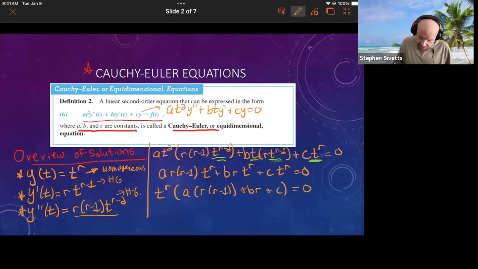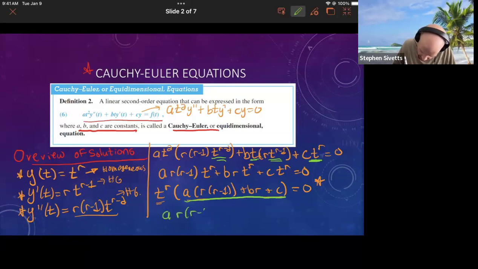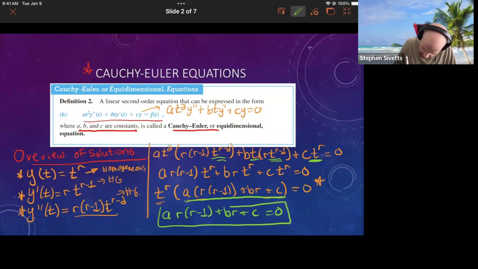The only way this product is zero is if t is zero or this quantity is zero, so this here is important. We're going to look at where this quantity is zero: a times r times r minus 1 plus b times r plus c equals 0. We're going to look at the roots of this quadratic polynomial.